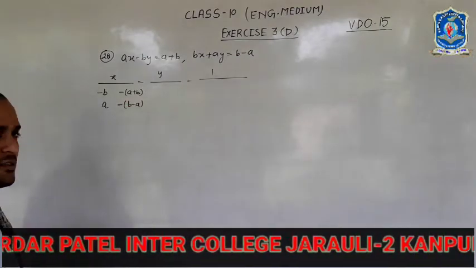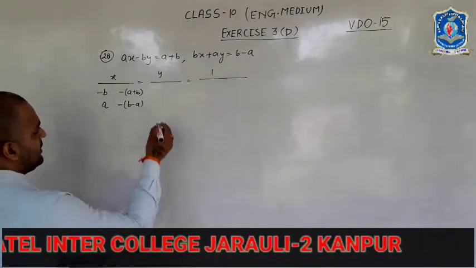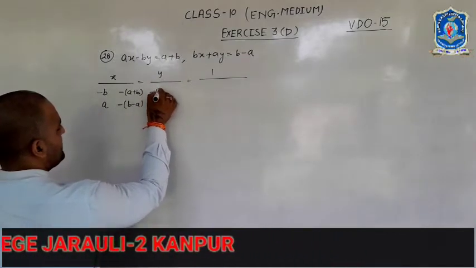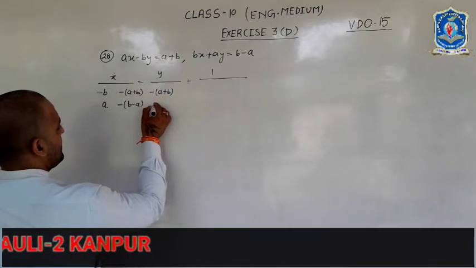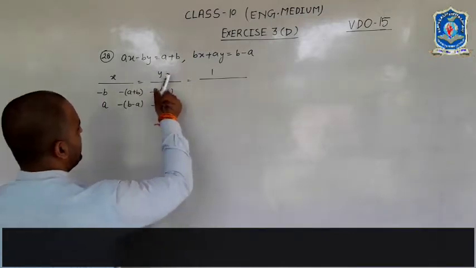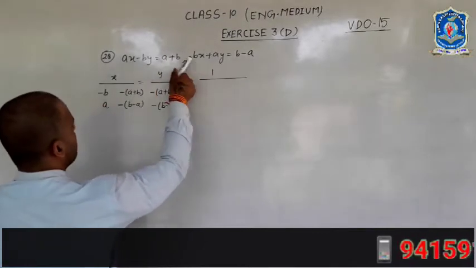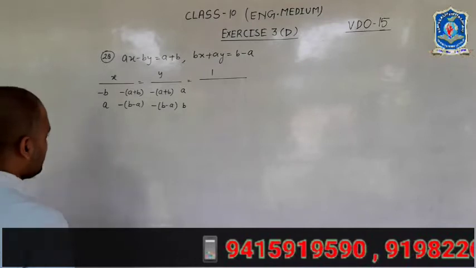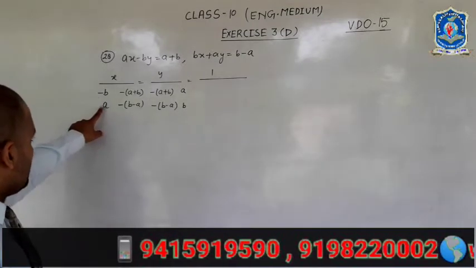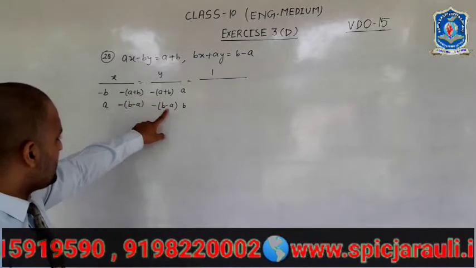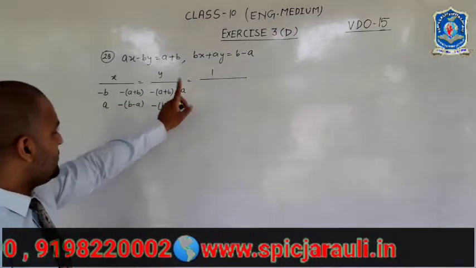For y, we copy minus a plus b upon minus b minus a, and then a upon b. That is b1 upon b2, c1 upon c2, a1 upon a2.